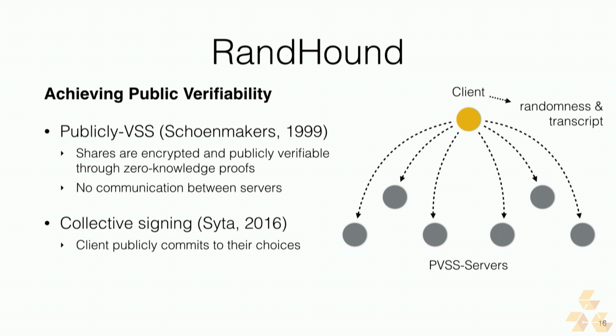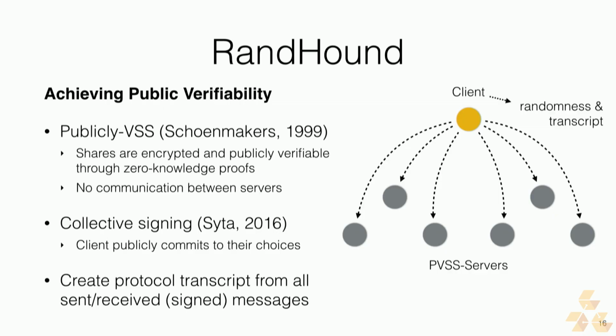Additionally, we also use collective signing, which is basically aggregate Schnorr signatures, to force the client to publicly commit to his choices during the protocol run to avoid a client equivocation attack. Yes, so the client, as I already mentioned, is creating this protocol transcript that's publicly verifiable.